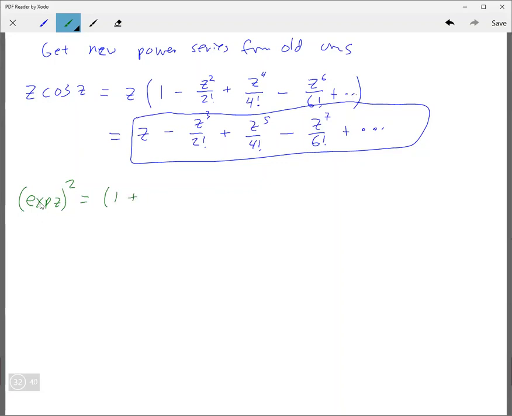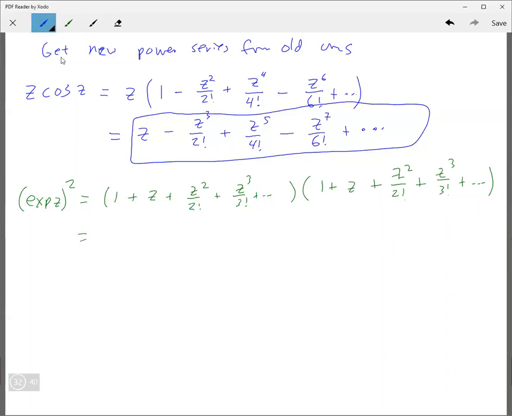If you have this squared, you can write down the power series for each one like this way, right? Write down like that, and then just multiply these together.